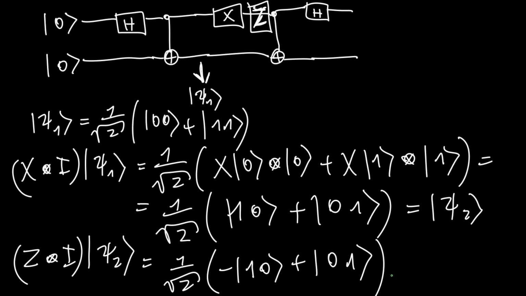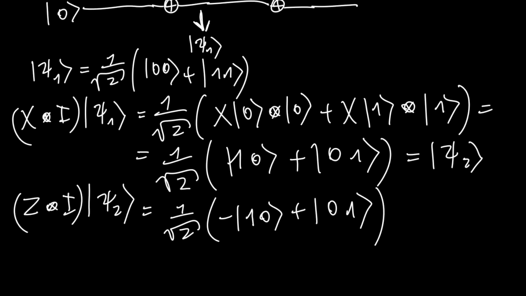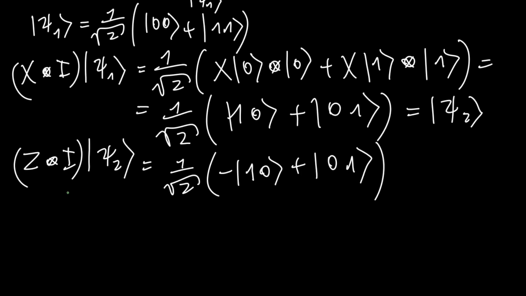And then again, we can do the same thing and apply the CNOT and Hadamard. So let's do it with the last one. With this, let's apply CNOT and Hadamard. First CNOT and then Hadamard.